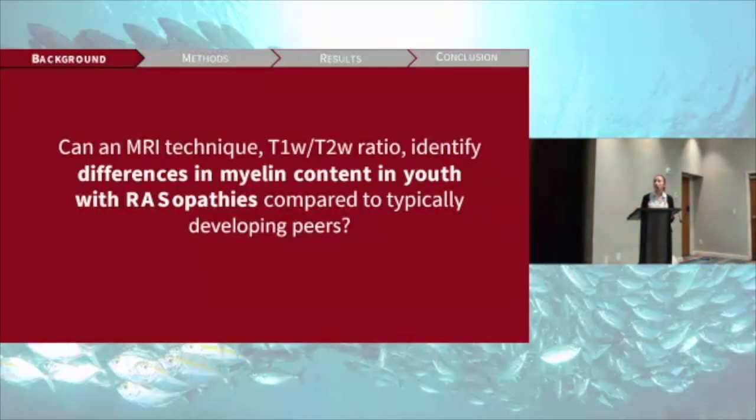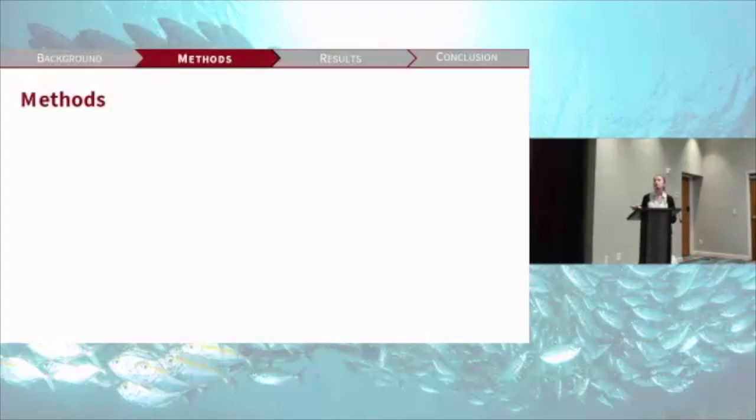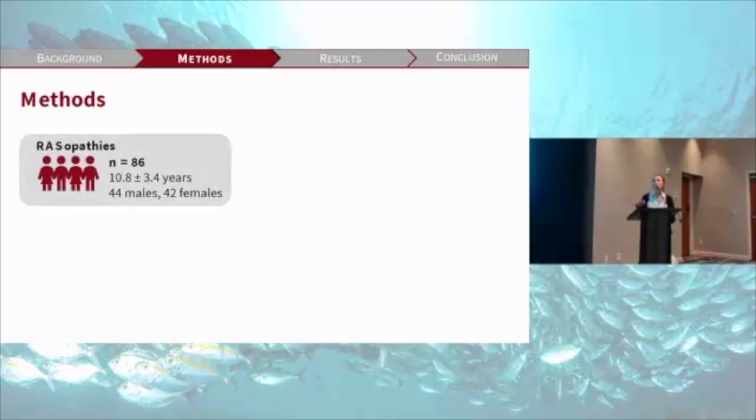So our main research question is then, can an MRI technique, the T1-T2 ratio, identify differences in myelin content in youth with RASopathies compared to typically developing peers? For our methods, we had 112 children come into the lab. 86 of these kids had RASopathies, either Noonan syndrome or neurofibromatosis type 1.